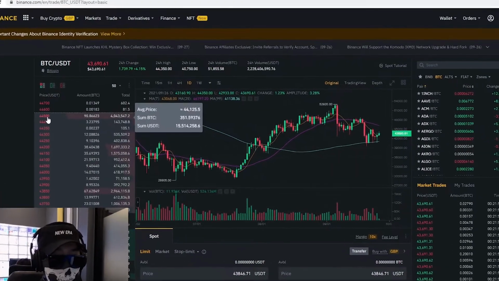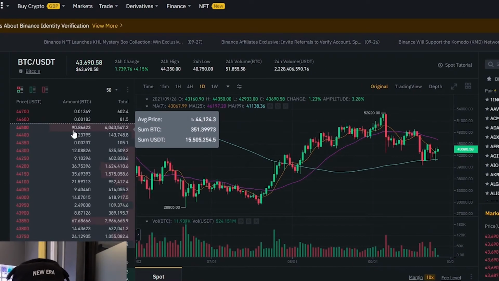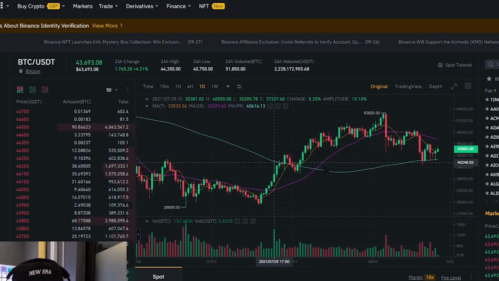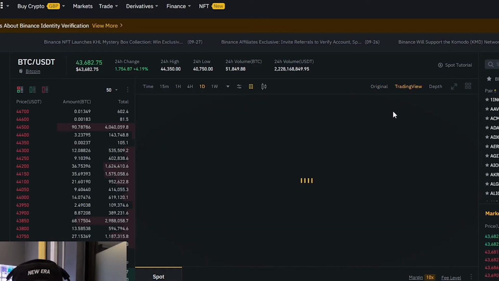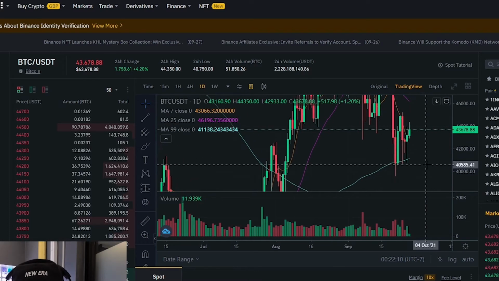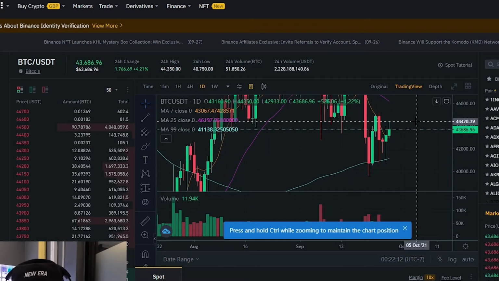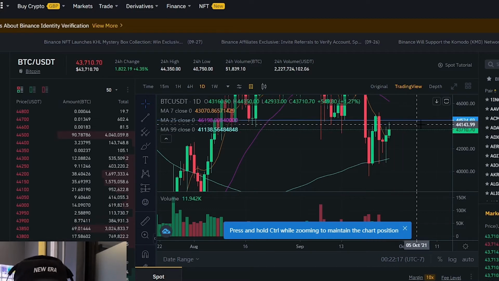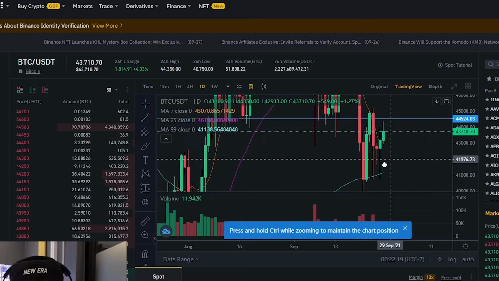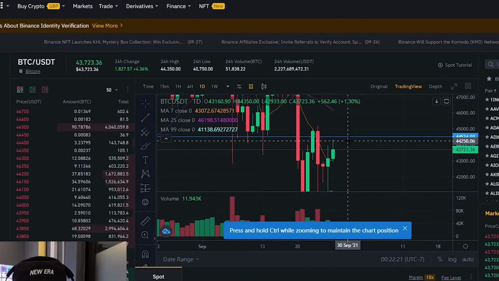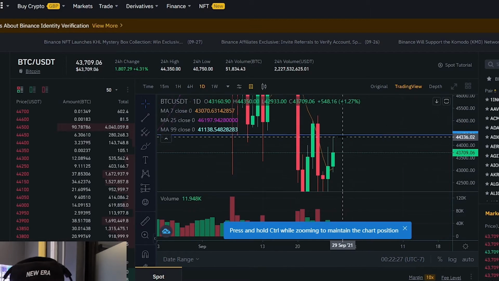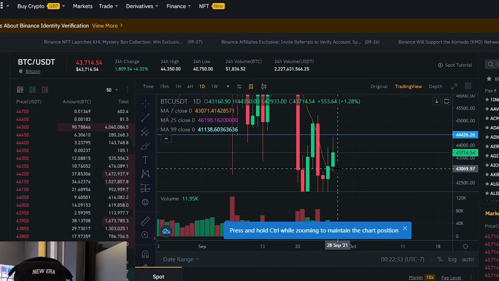If you take a look at 44,500, there are 90 Bitcoin orders to sell, which means that if you go over here, let's make the chart a little bit bigger, to 44,500, about here, there are a lot of people looking to sell their Bitcoins. And you can see that coincides with the actual graph itself. Around this area, same with the order book, a lot of people are selling. So we went up to this line and then we came right back down.